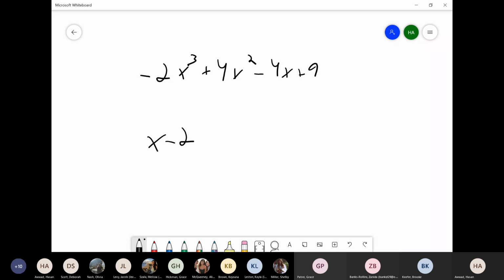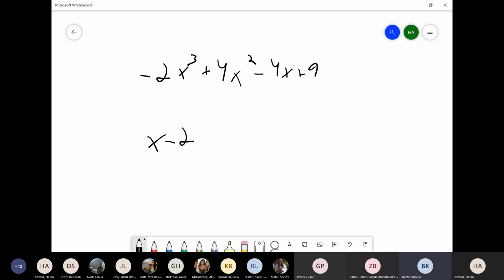Can you help me out? Yes, could you repeat the question, please? Yeah, sure. What we're trying to do is prove that x minus 2 is not a factor of the above polynomial. So how do I set this up with factor theorem? How do I use factor theorem? I'm not exactly 100% sure.